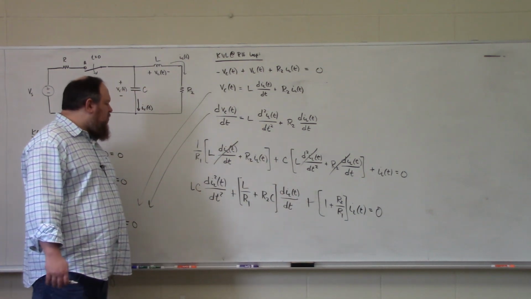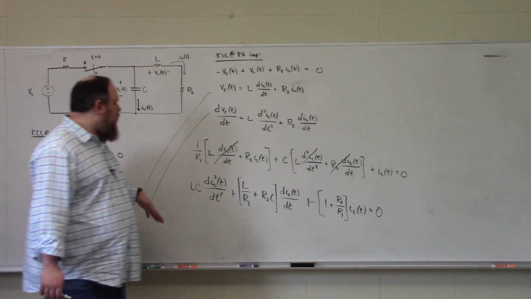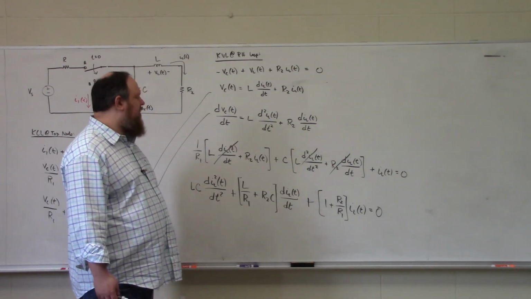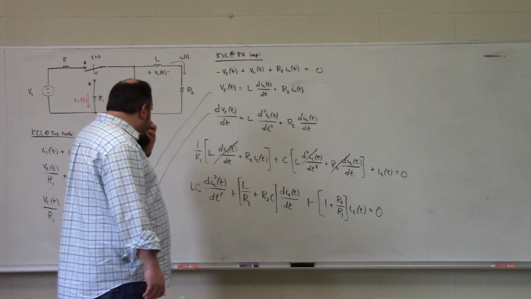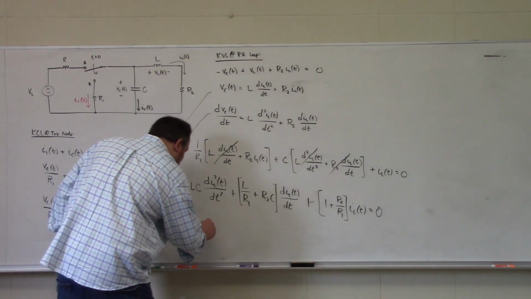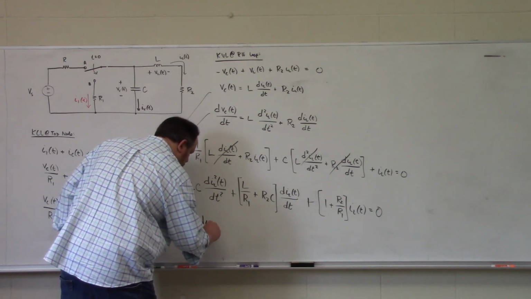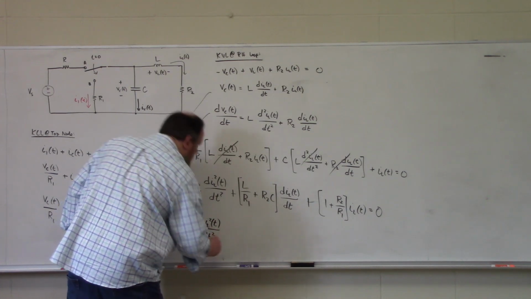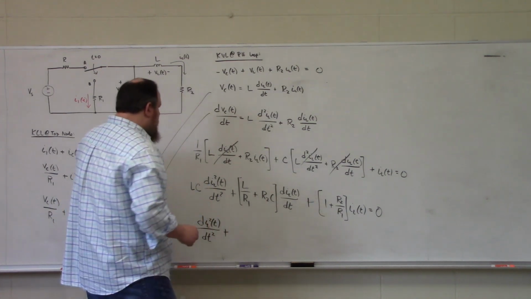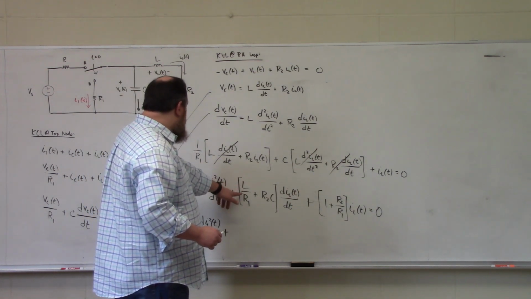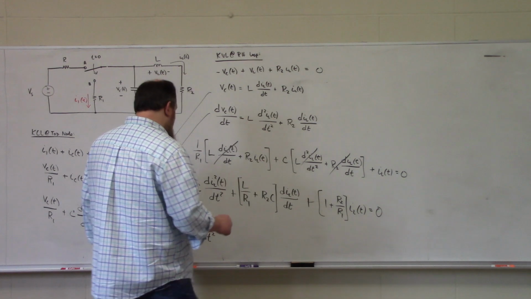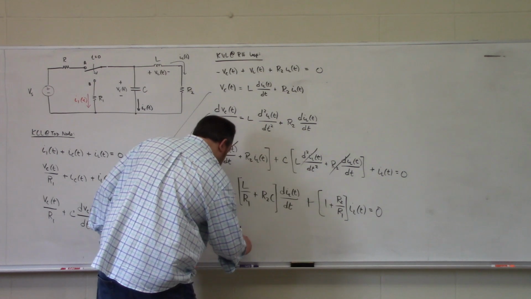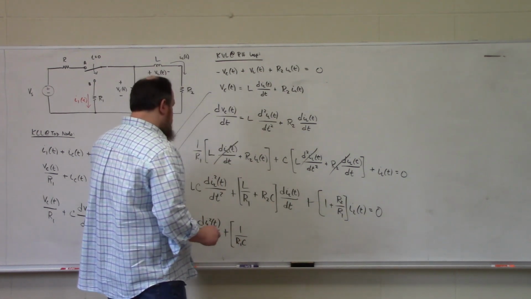So I now have a second order differential equation, but it's not quite in the form that I need because I need to divide both sides by LC so that the coefficient of my second derivative term is 1. So let's see. L divided by R1, that quantity divided by LC should give me, the L's are going to cancel each other out, and that's going to be 1 over R1C.